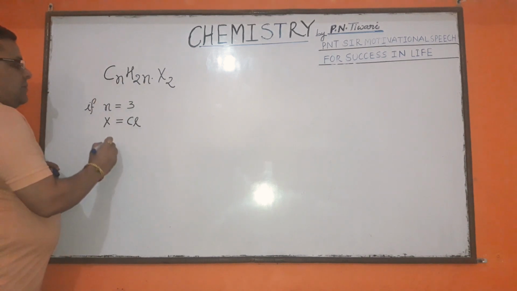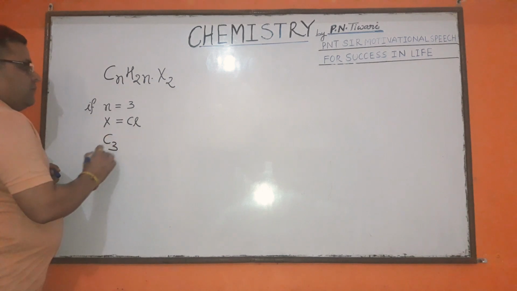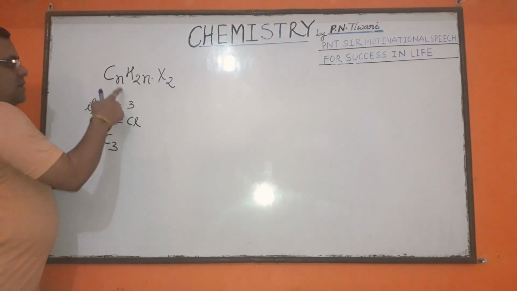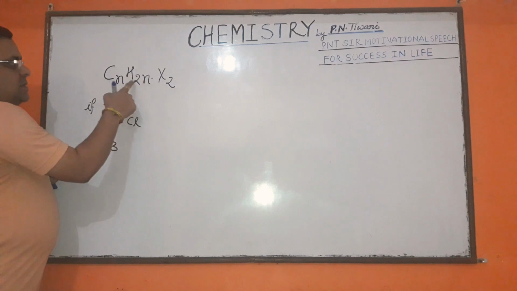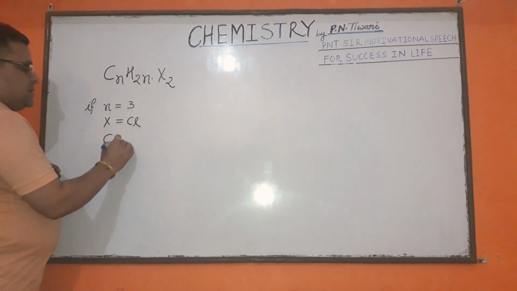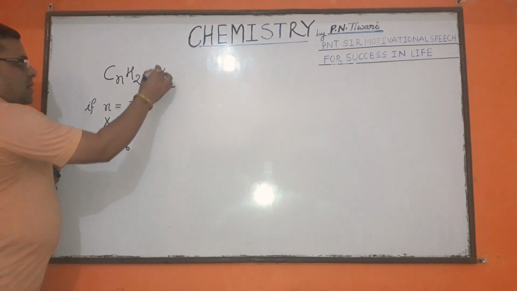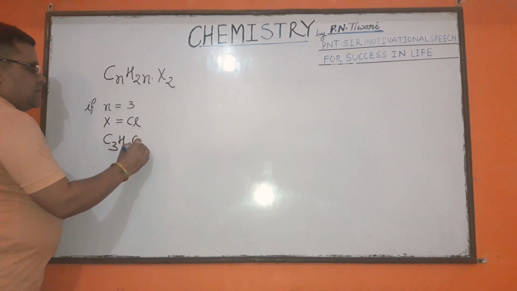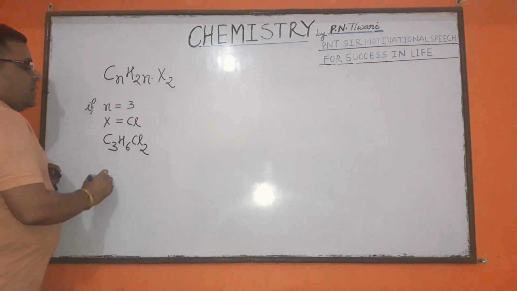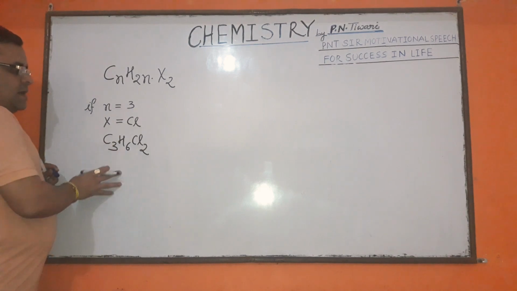Its molecular formula will be C3. What is the number of carbon? 3. And what is the number of hydrogen in this dihalogen derivative? 2 into 3, 6, C3H6, and number of halogen element 2, C3H6Cl2. It is the molecular formula of this dihalogen derivative.